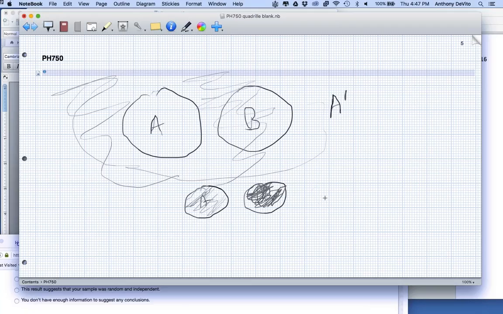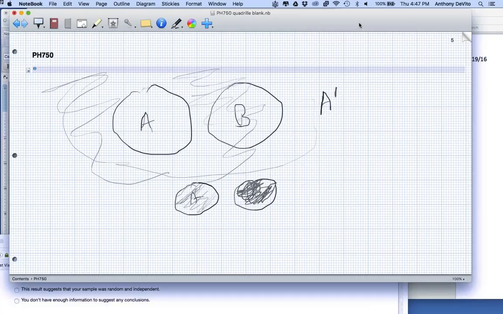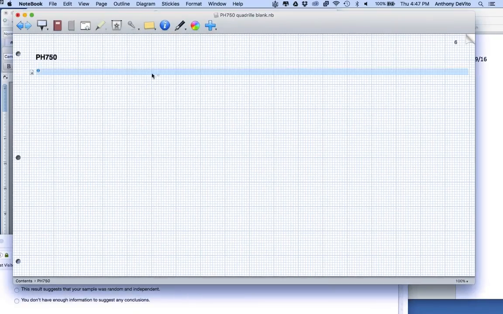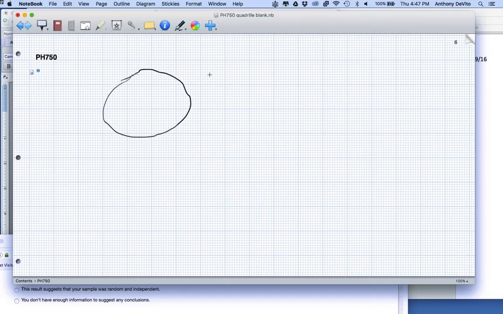That would be probability of being B, say left-handed or something like that. Okay, how about here? What is that? Oh, that's both. That's the intersection of A and B.